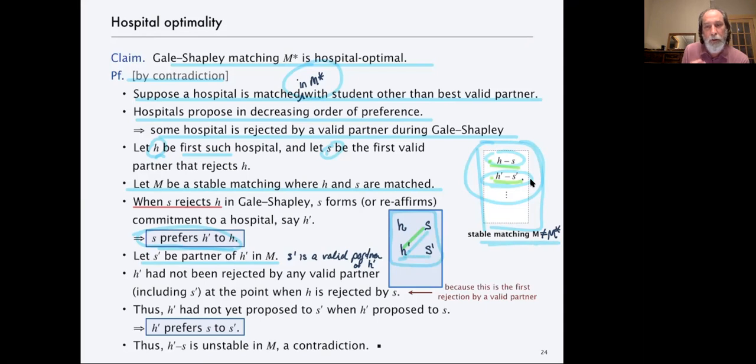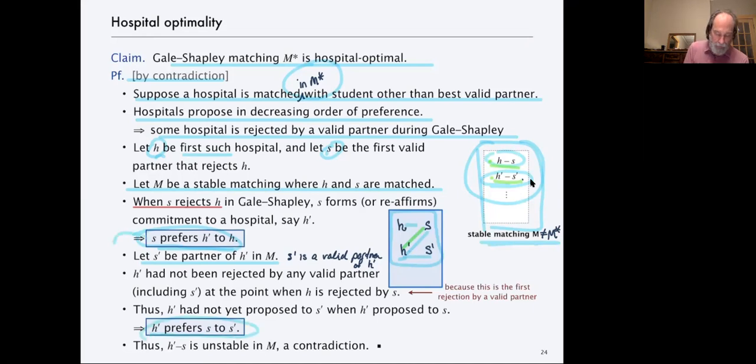And since there have been no rejections of proposals before this moment, except for S rejecting H, we know that S' has not rejected H prime, and therefore H prime hasn't even proposed to S prime. So H prime hasn't proposed to S prime, but has proposed to S. So it must be that H prime prefers S to S prime.